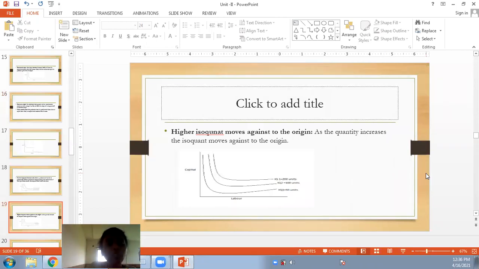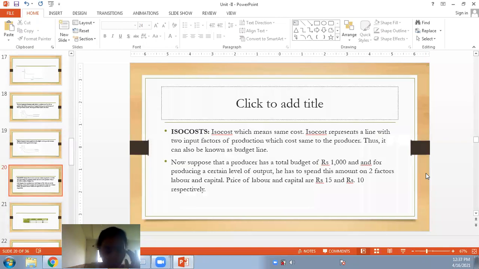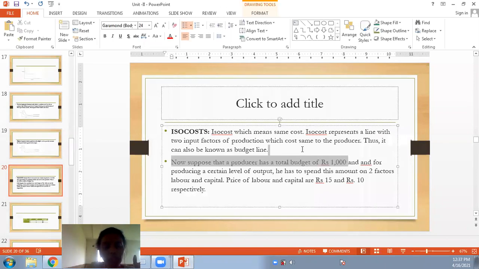What are isoquants and what are the basic properties of isoquants? The next one that we have is isocost. Here also it is derived from the Greek words iso and cost. Isocost means same cost, the same cost of production. Isocost represents a line with two input factors.